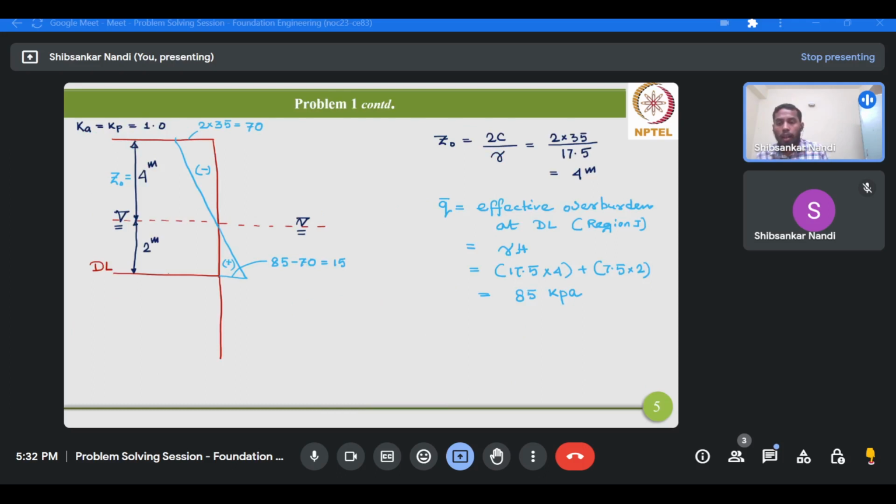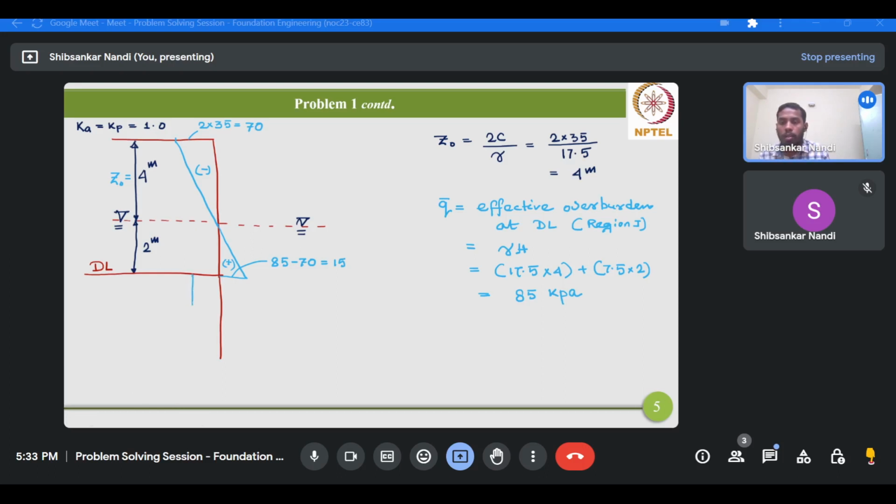And on this side it will be 4C minus Q bar.